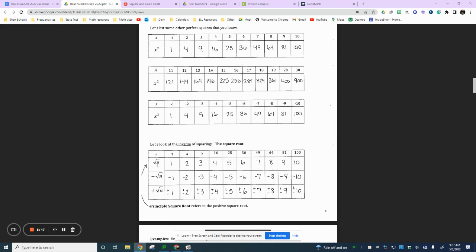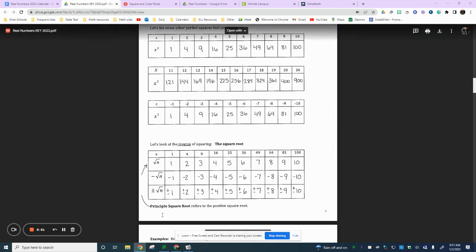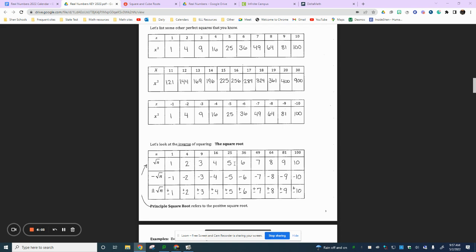So when we just see the generic radical symbol with a number in front of it, that's referring to the principal square root. And oftentimes we're only worried about the positive value of what the square root would be. So this first row here is talking about the principal square root.